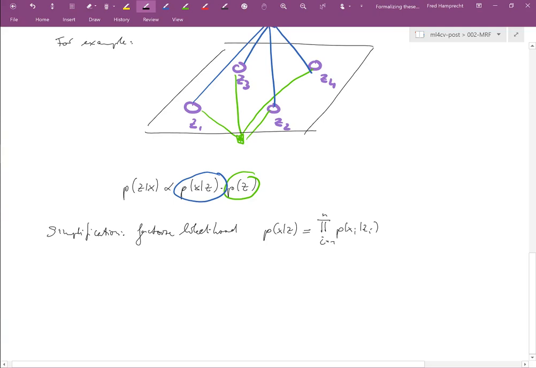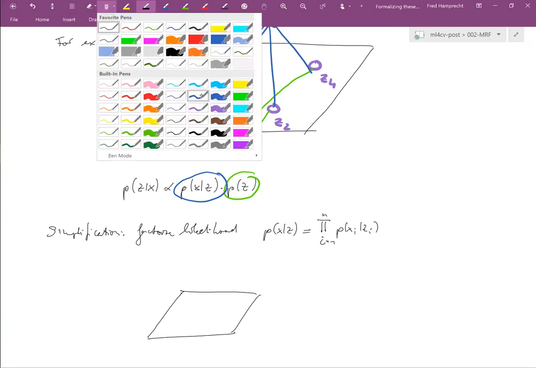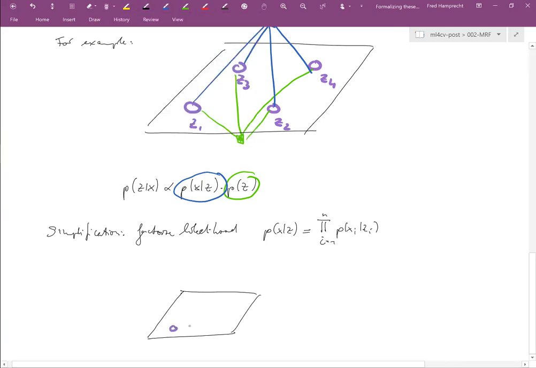Factorize means multiplication: I want to write it as a multiplication of several terms.